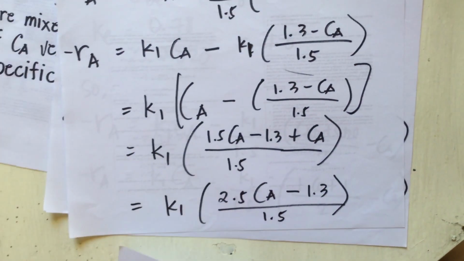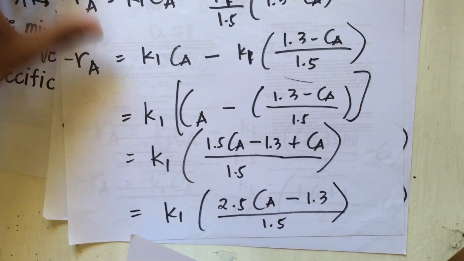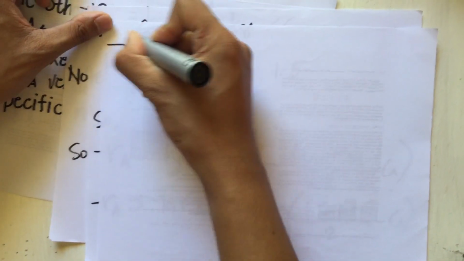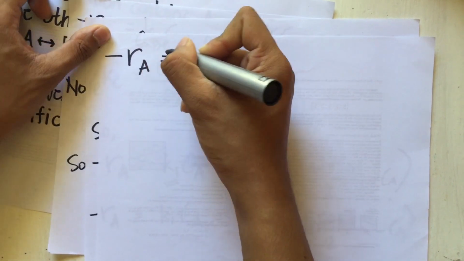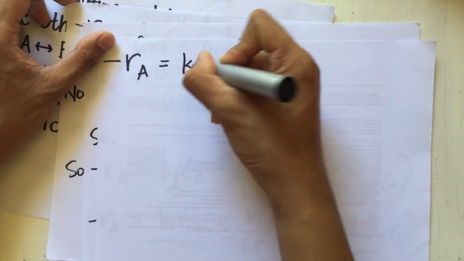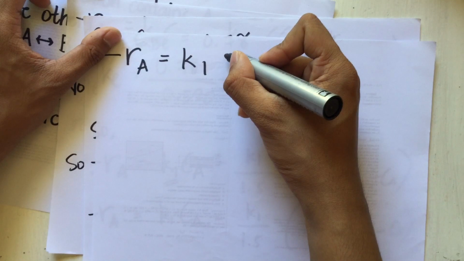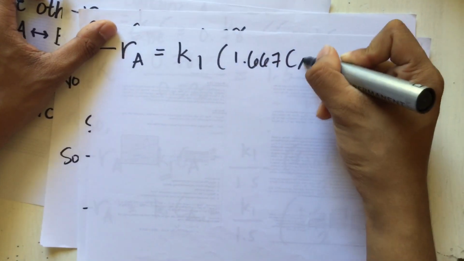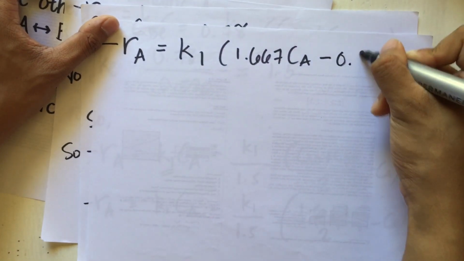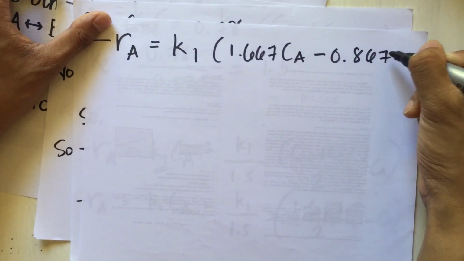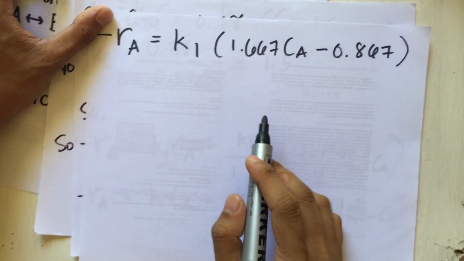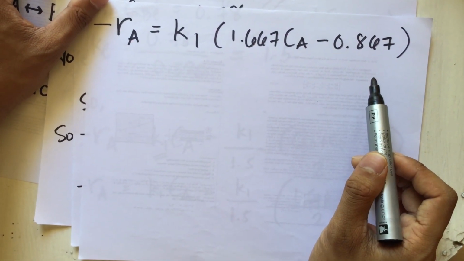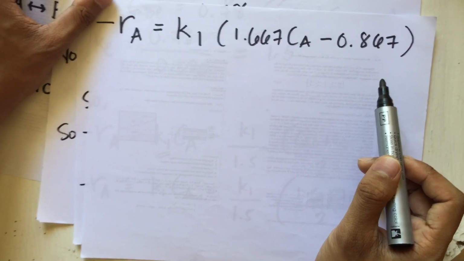Simplifying it further, we have negative RA equals K1 times 1.667 CA minus 0.867. So this is now our rate equation of our rate of reaction.